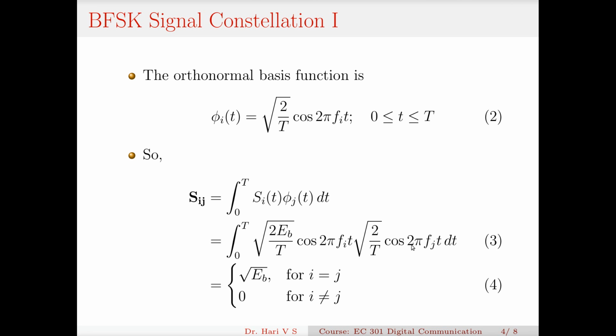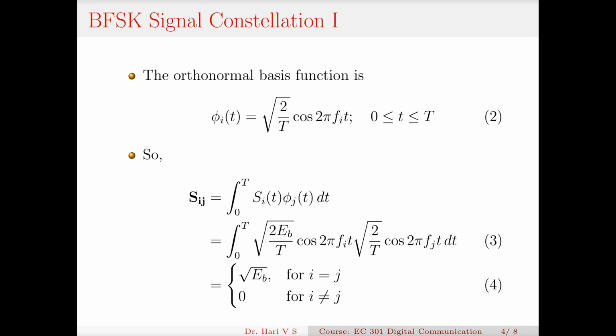Now this integral, if you look closely, when i equals j, becomes root E_B into 2 by T into cos squared of 2 pi f_i t, and cos squared can be written as 1 plus cos 4 pi f_i t over 2. The cos 4 pi f_i t term on integration becomes a sine of 4 pi f t, which is an even multiple of sine, integrated over 0 to T, so that becomes 0.